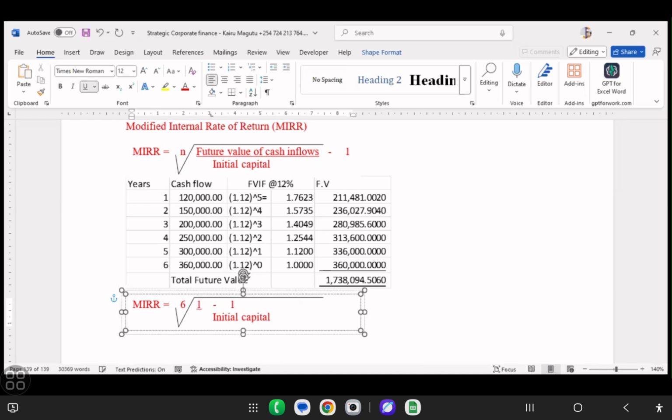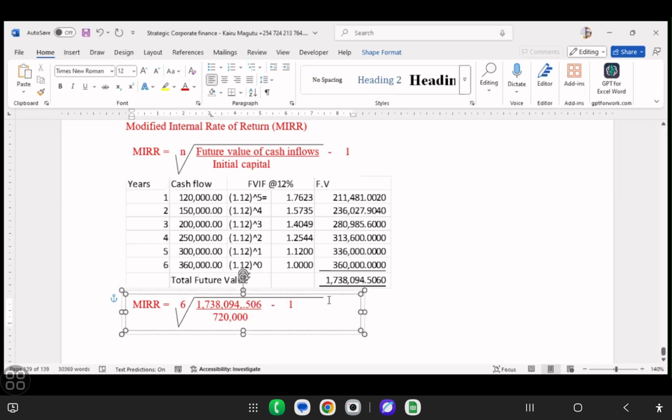My future value is 1,738,094.506. We divide this one by the initial capital. Remember, our initial capital was 720,000, like that.